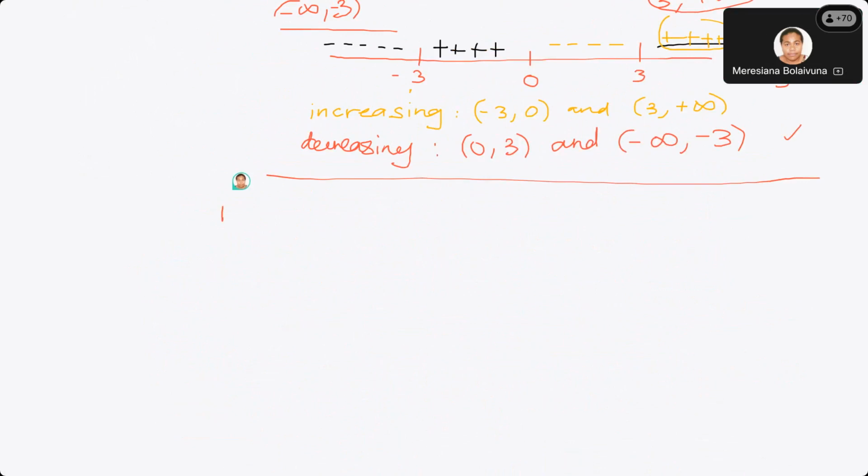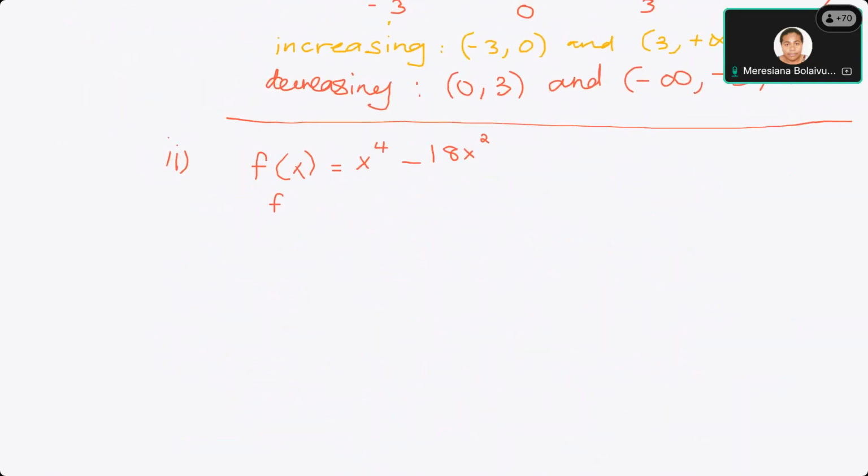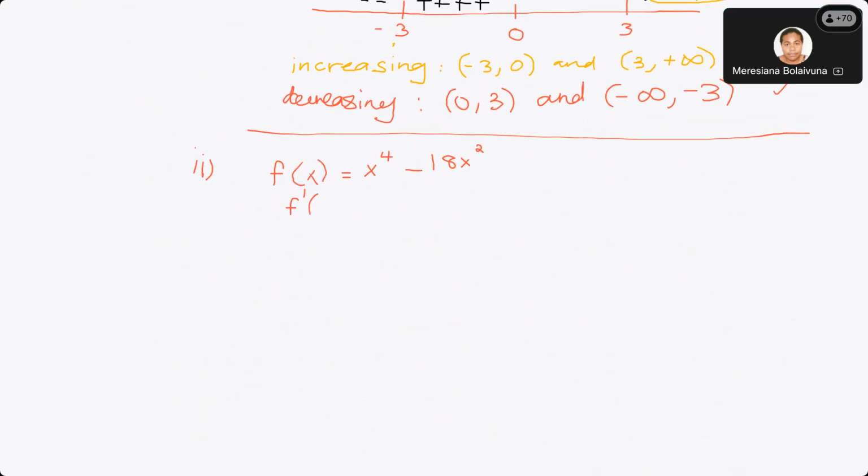Now, we have our function f of x is x to the power of 4 minus 18x squared. To find increasing and decreasing intervals, we differentiate.